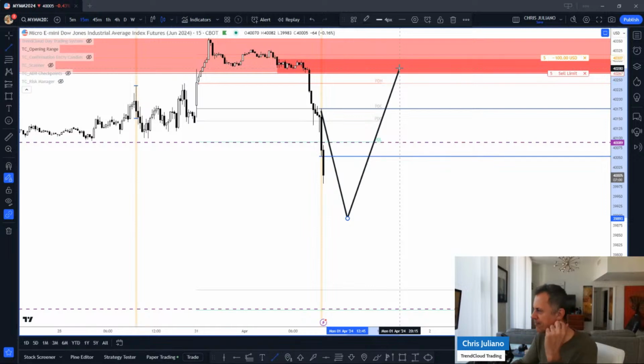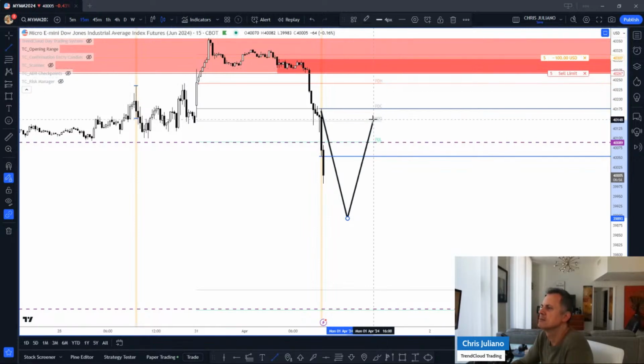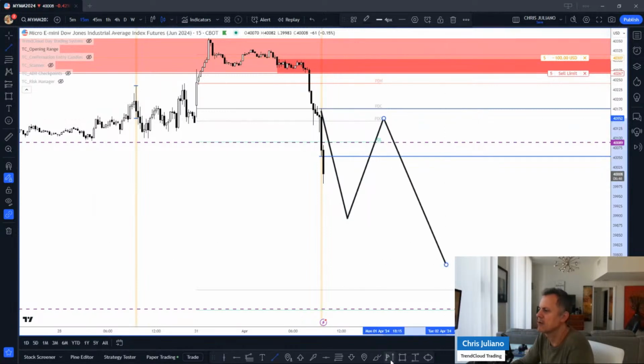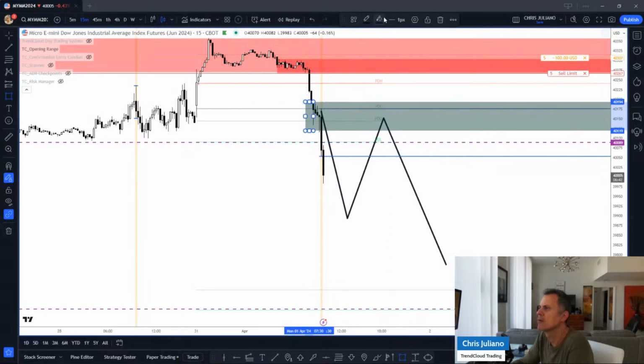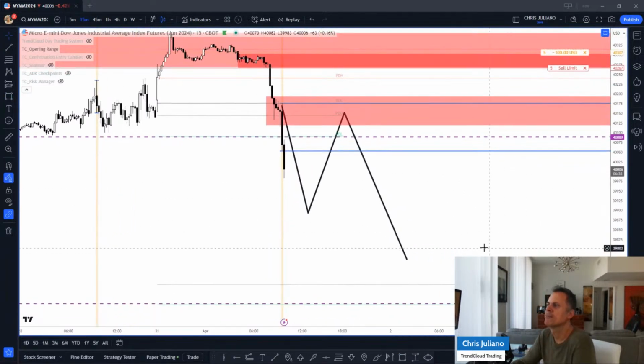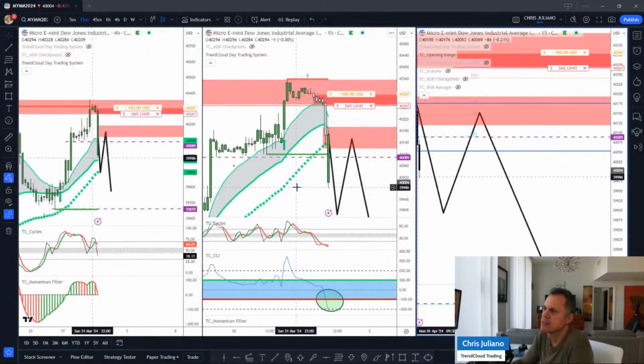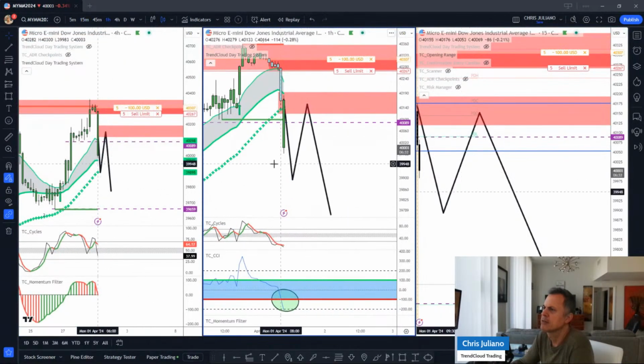I don't know if that's going to happen. It's more like break to the downside and retest at this area. Would that make sense? It would.